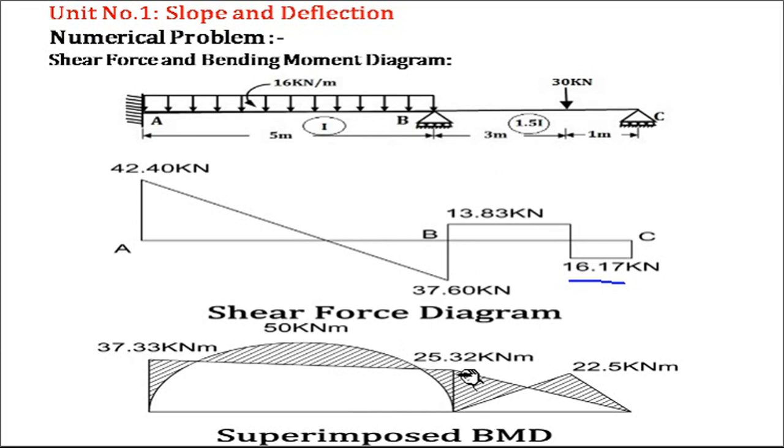Though it is positive or negative, at the respective joint, you have to show the moment in the upward direction. Okay, so here the moment is 37.33, here the moment is 25.32, and at joint C the moment is 0. So you have to join it by a straight line.